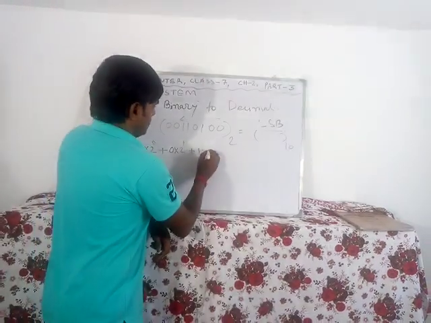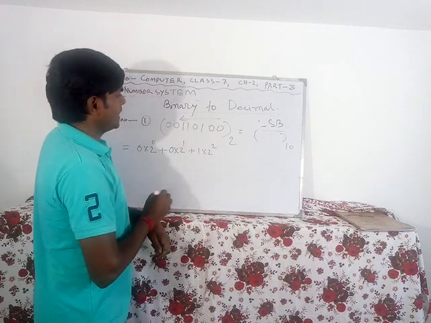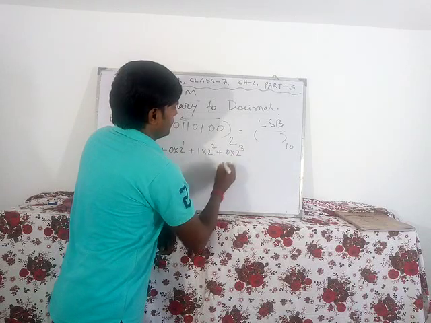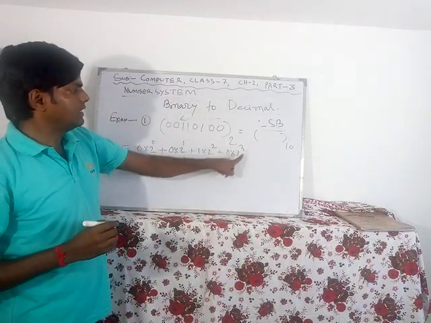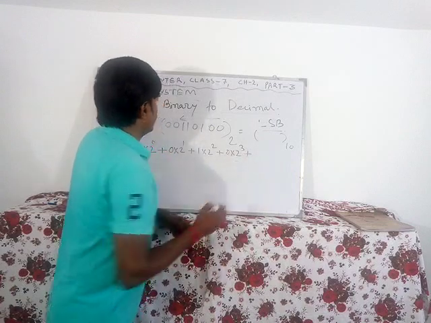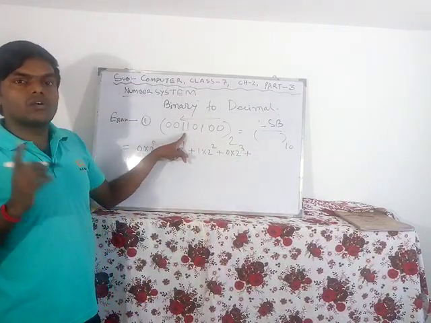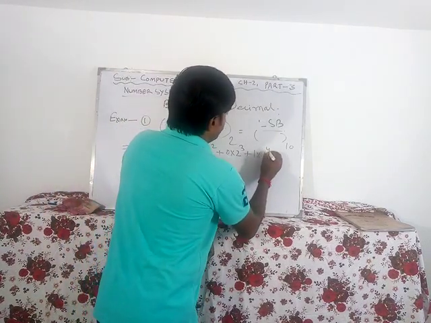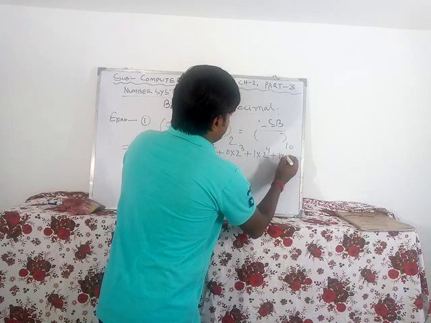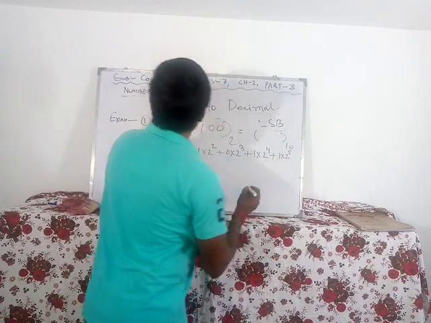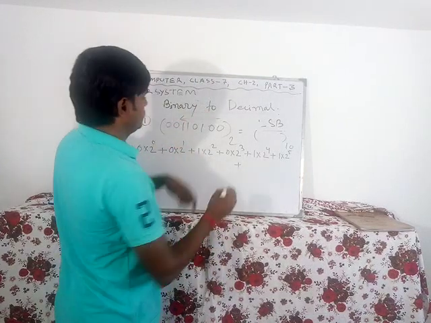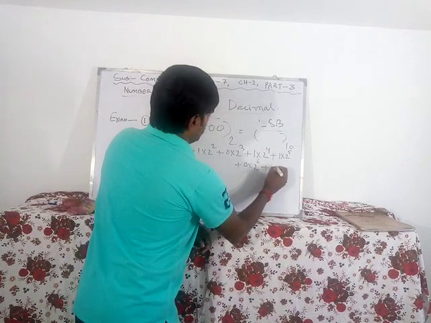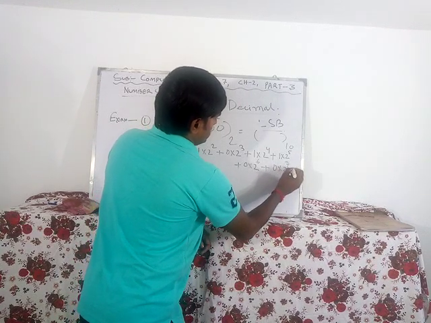So 1 into 2 to the power 2, plus 0 into 2 to the power 3, plus 1 into 2 to the power 4, plus 1 into 2 to the power 5, plus 0 into 2 to the power 6, plus 0 into 2 to the power 7.